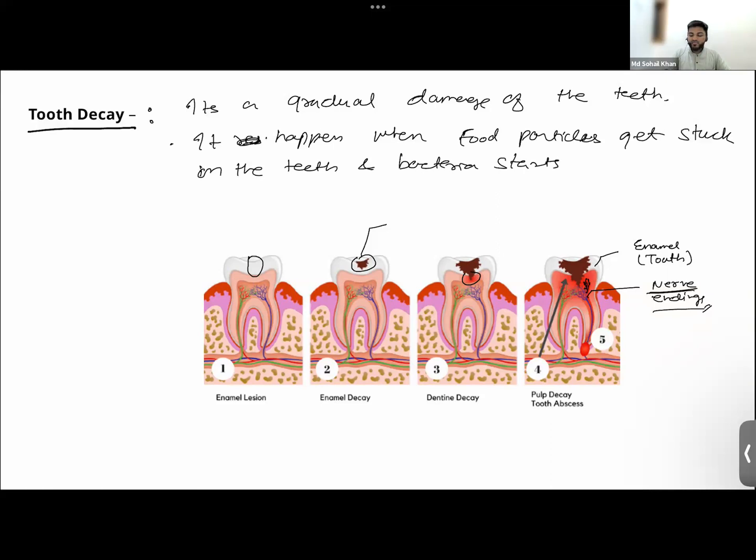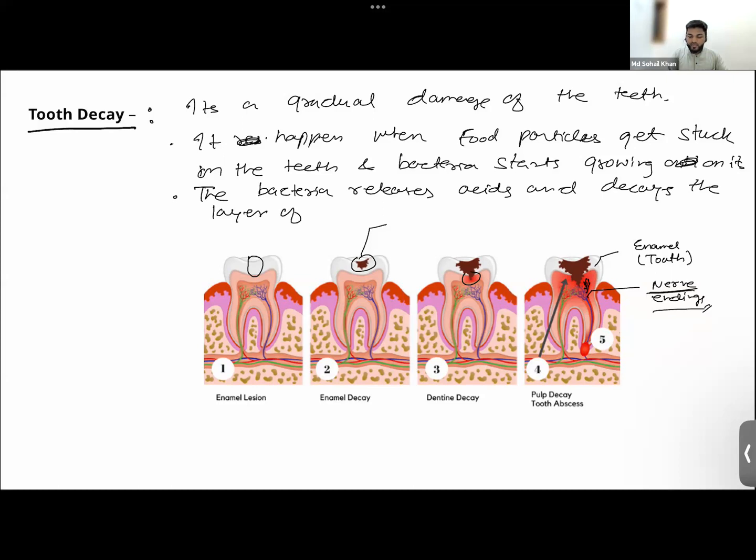And what will this bacteria release, guys? Acids. The bacteria releases acids and decays the layer of the teeth slowly.